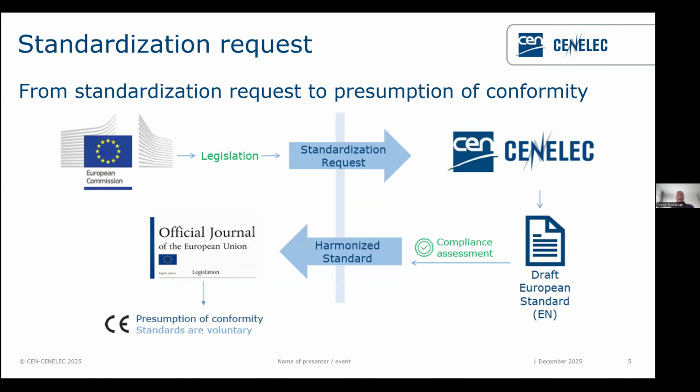In this next slide, we will see the complete path from the standardization request to the presumption of conformity. So the standardization request comes from the European Commission, the legislation, and they define what has to be addressed, what has to be in the legislation.